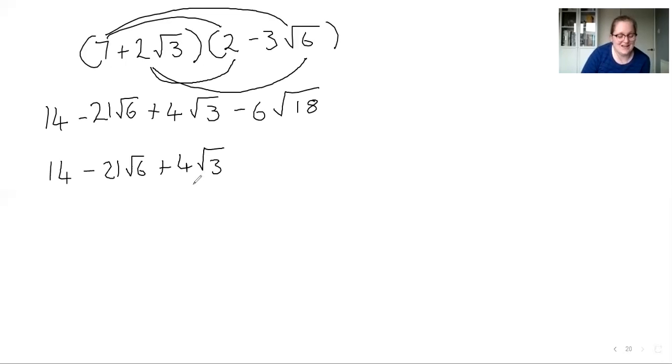But actually, root 18, we know root 18 is root 9 multiplied by root 2. Simplify that down, we would get 3 root 2.